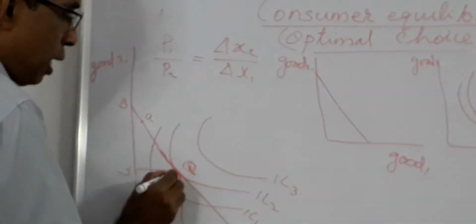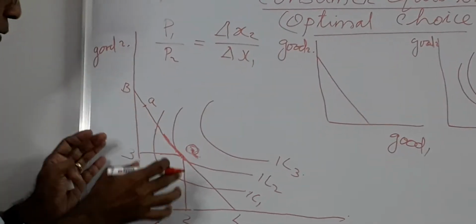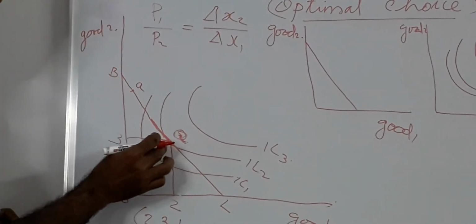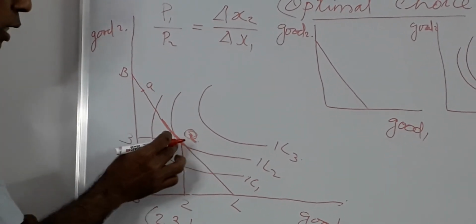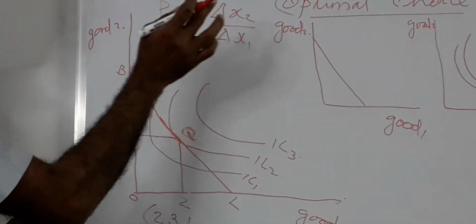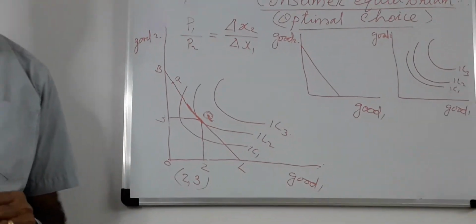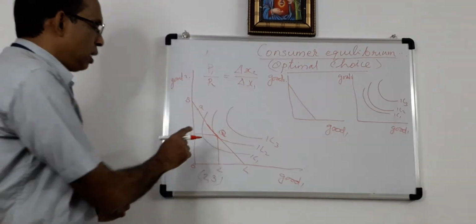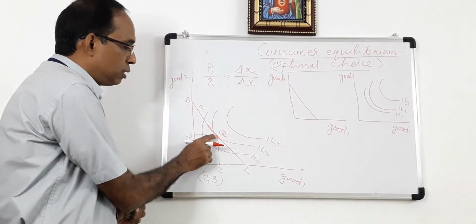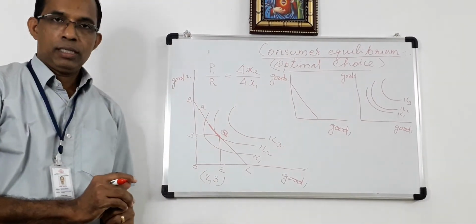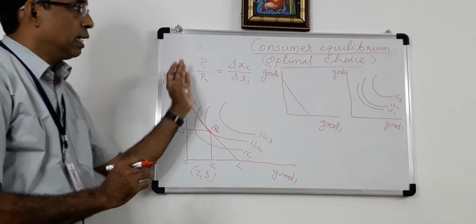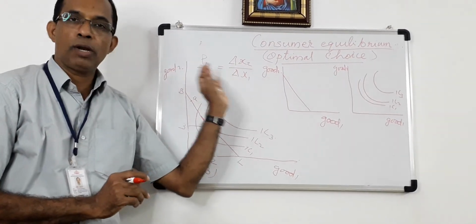Both are equal at point Q. And he gets maximum satisfaction when he purchases a bundle at point Q. This is called consumer equilibrium. The only condition is that the budget line should be tangent to an indifference curve. That is the requirement for a consumer to reach equilibrium.